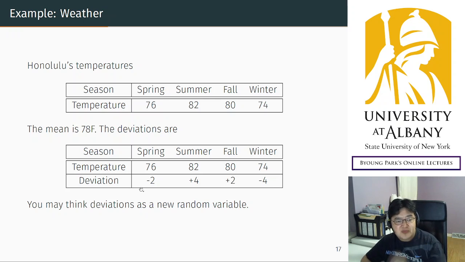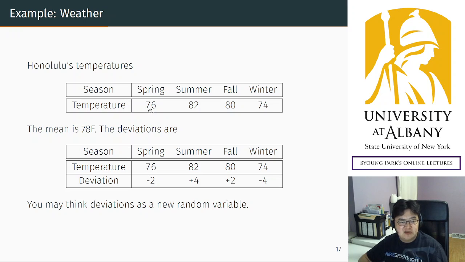In that way, these are deviations, and the deviations are exactly what we want. They are the distance differences. As I said earlier, there are four observations, and you can define a deviation for each observation. As you see, there are four deviations. You may think of the deviations as a transformation.